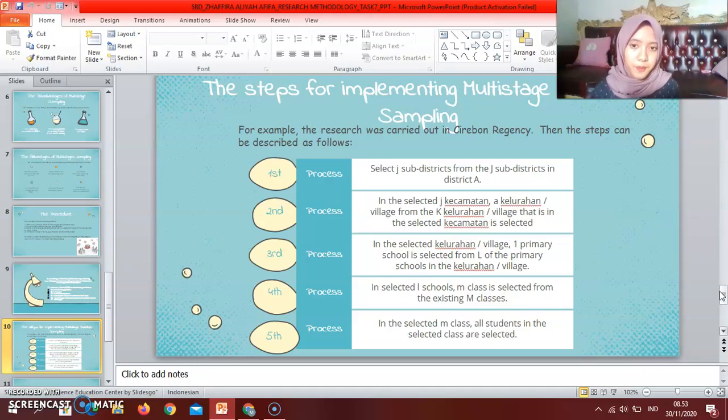Next, in the selected kelurahan or village, one primary school is selected from L of the primary schools. Next, in the selected schools, M classes are selected from the existing M classes. And the last process, in the selected M classes, all students in the selected classes are selected.